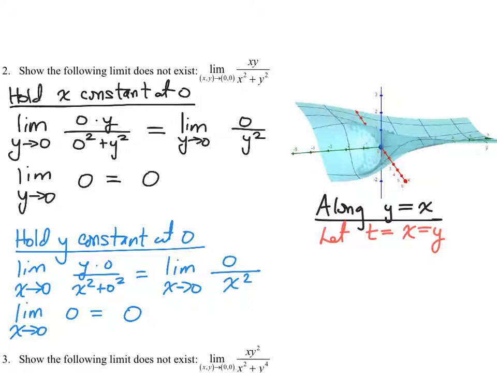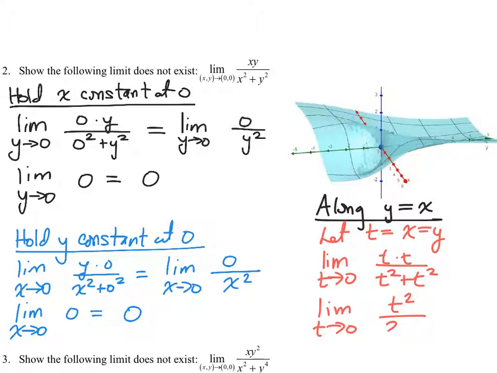And so I'd redefine my limit in terms of t. So instead of x comma y approaches 0, 0, since t is taking the place of x and y, t would approach 0. And so I'd be looking at t times t over t squared plus t squared. So I'd end up with t squared over 2t squared.